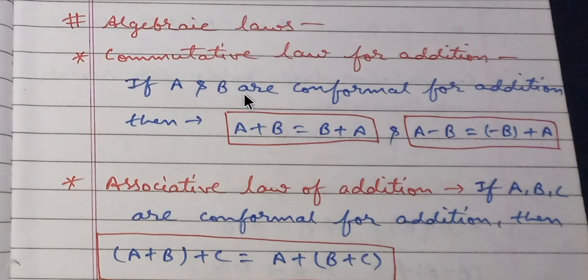So if A and B are of the same order, then we can write A plus B equals B plus A. That means we can change the order of these terms, and so also in this sequence, A minus B will become minus B plus A. The commutative law for addition says we can change the order of the terms in a given relation.